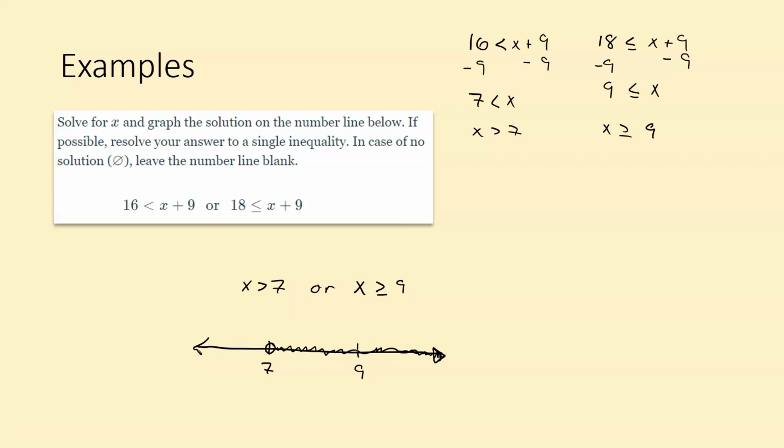We already have included 9 and everything above that in the x is greater than 7 part. Since this is an "or" statement, we don't have to shade that in again, and we can use just x is greater than 7 because that includes both of these. So this is our final answer, and we can forget about the other one because it's already covered in the x is greater than 7 part.